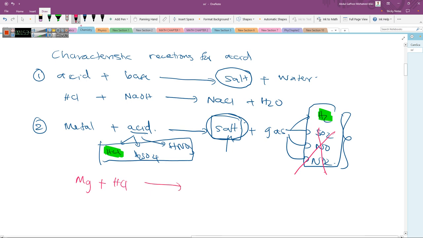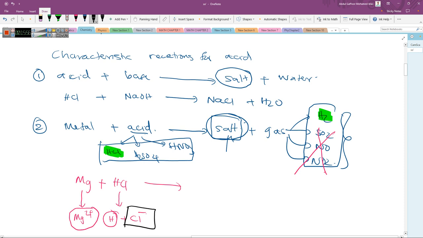So what will it produce? Magnesium will lose 2 electrons and produce Mg2+ cation. Now HCl will dissociate as H+ and Cl-, right? So in the reaction chamber we have 2 cations and 1 anion.